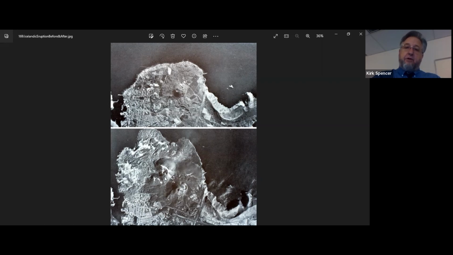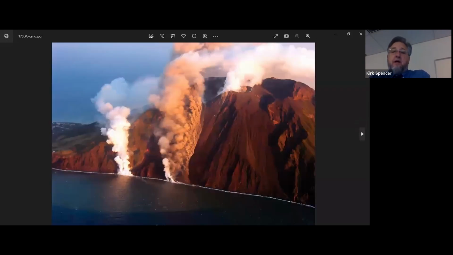And it erupted, but there was another cone that formed here, which would be about here in the before. And you can see how much of the island was added. This is a community here. See the streets. And so that's probably a good two or three square miles of material that was added to the volcano in one eruption.